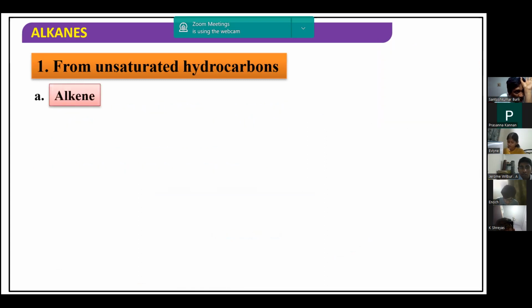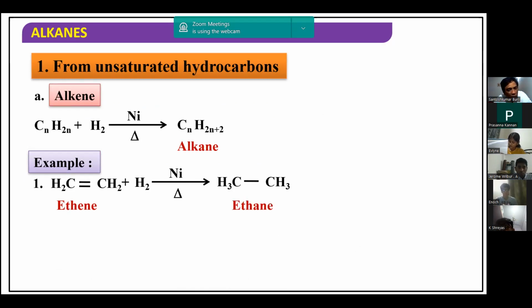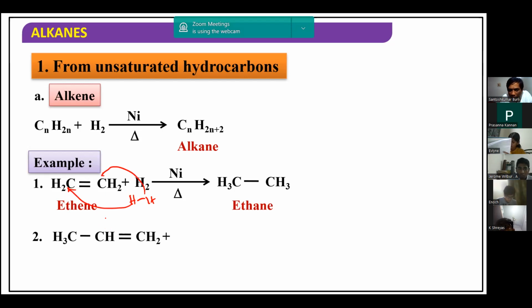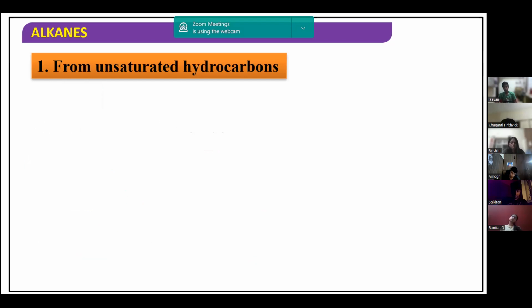So you can see alkene CnH2n is the general formula of alkenes. In the presence of nickel, when you add hydrogen, CnH2n plus 2 hydrogens are added over here. This is one of the examples you can take. One carbon, another carbon, you can add 2 hydrogens over here, and the double bond becomes a single bond, because carbon can have a maximum of 4 bonds only. So you can go through these examples.